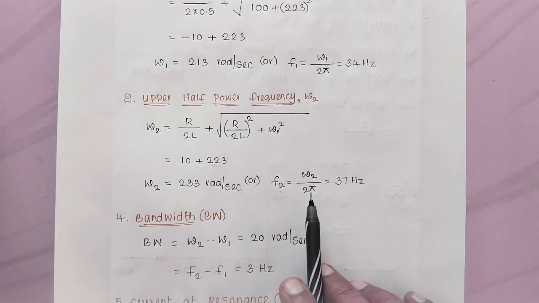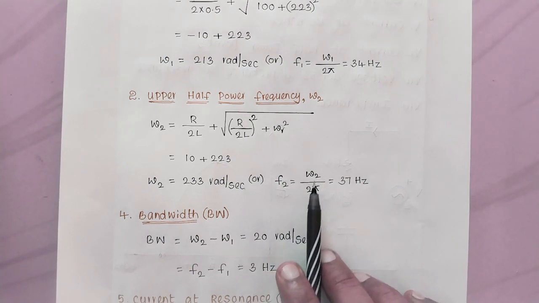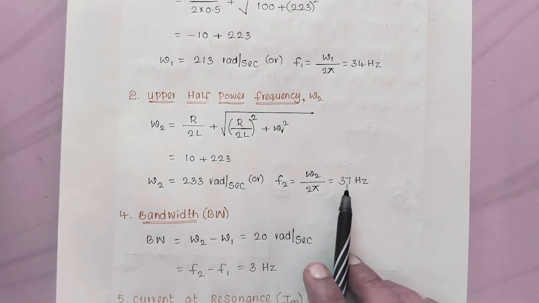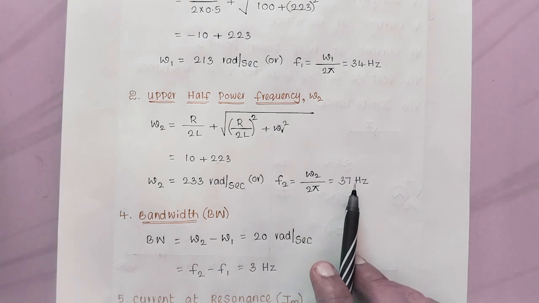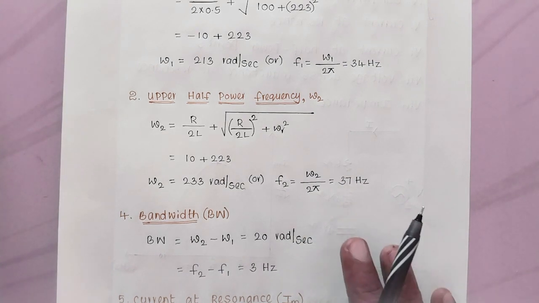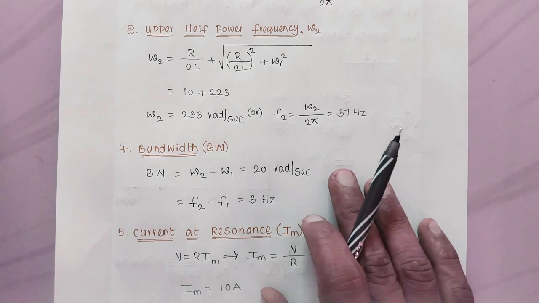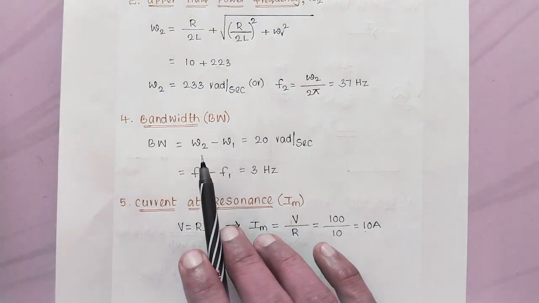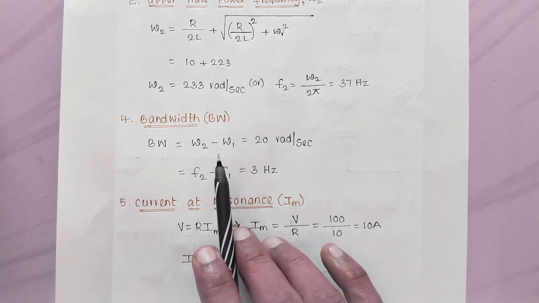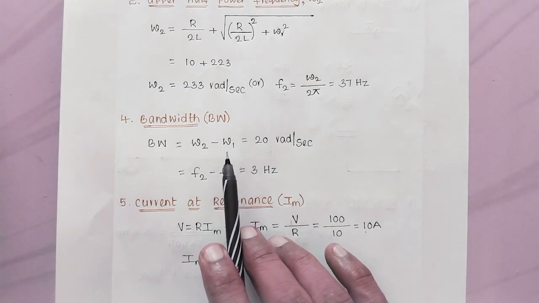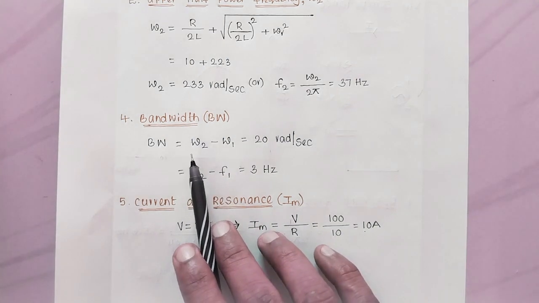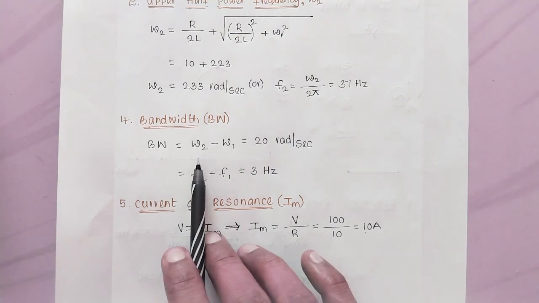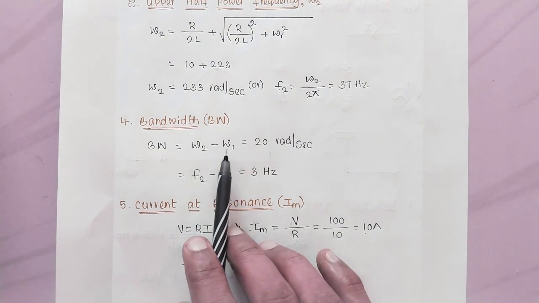If you want the equivalent value in hertz, f2 equal to omega 2 by 2 pi, which is equal to 37 hertz. So next is bandwidth. Similarly, here we can find bandwidth in radians per second as well as in hertz. In radians per second, bandwidth is equal to omega 2 minus omega 1.